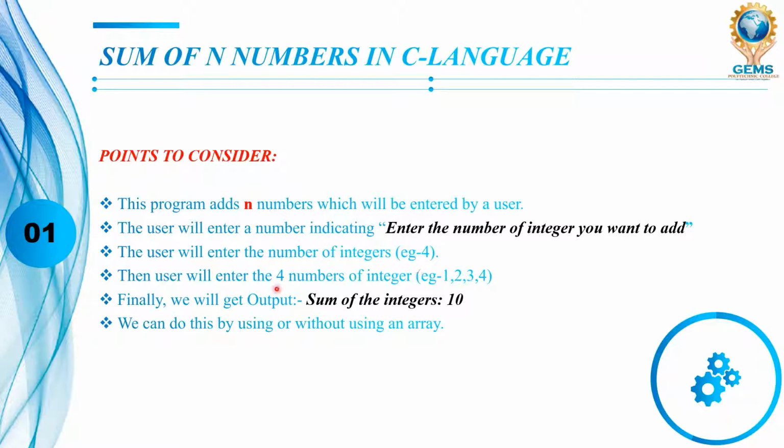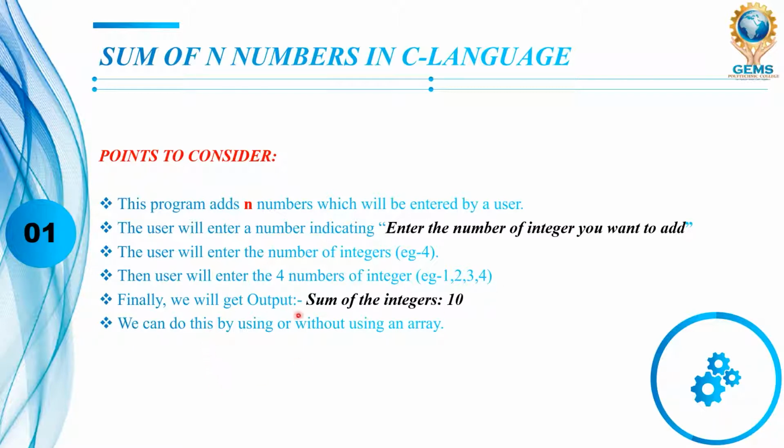The fourth point says that then the user will enter 4 numbers of integer, for example 1, 2, 3, 4. Why? Because the third line says the user will enter how many numbers they are going to add. So they are going to add 4 numbers: 1, 2, 3, 4.